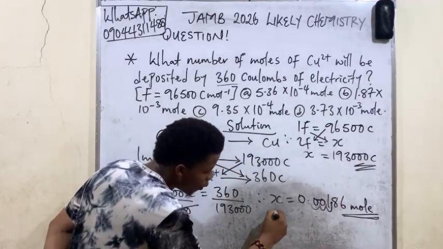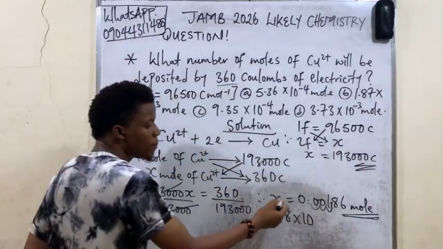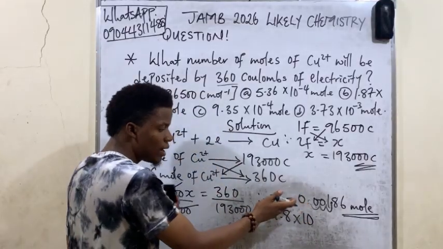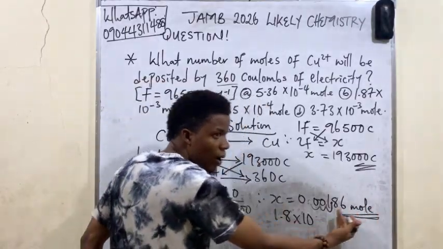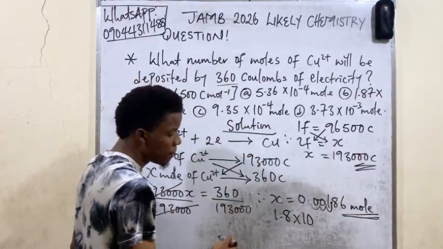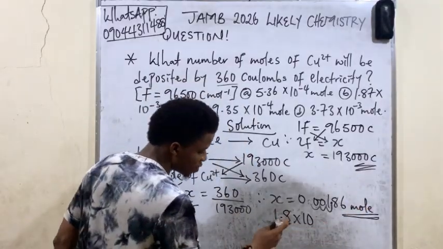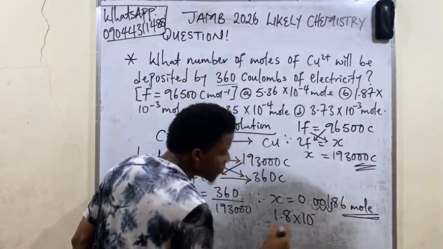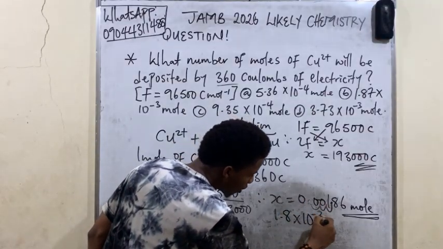So we now have 1.8 times 10. Because we are moving the decimal point from our left to our right, it will be minus. So times 10 raised to the power of minus. How many times did we move it? 1, 2, 3.